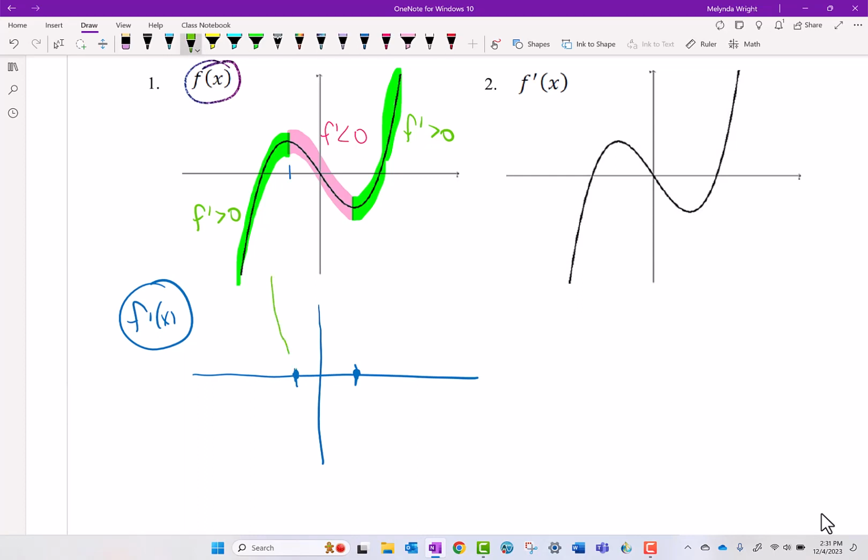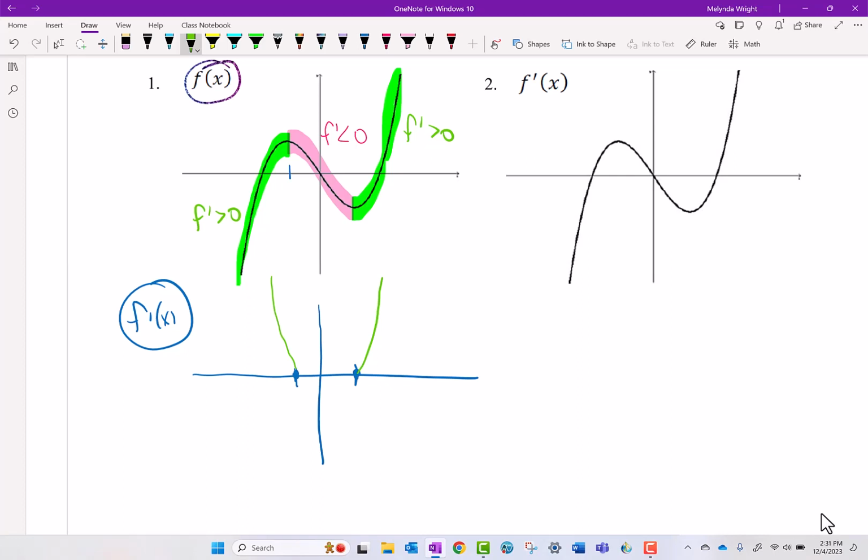It looks something like this. So where f prime is greater than 0 would be above the x-axis. We have another location where f prime is greater than 0. It's over here, the green section. So I'm going to go ahead and draw that part too. That's where f prime is positive, in other words, has positive y values.